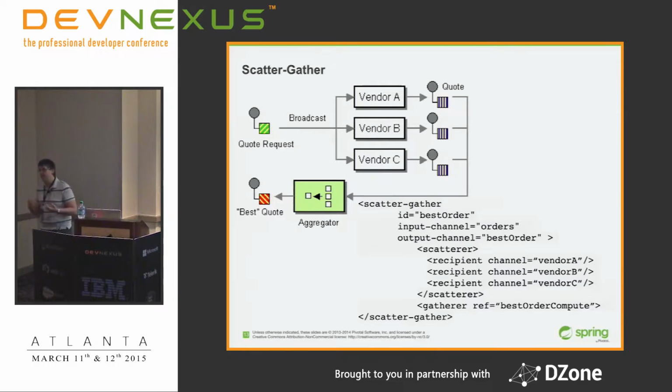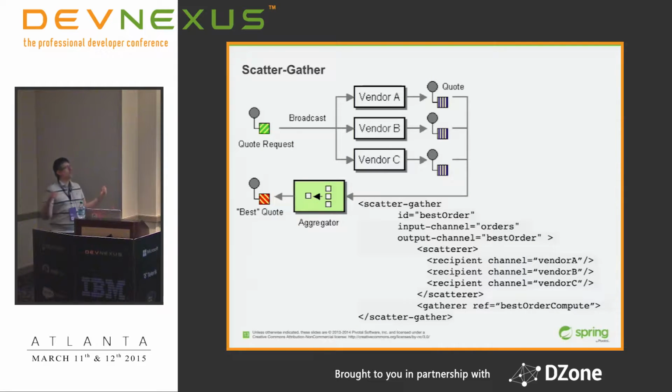It's something you could implement, right? You could have implemented this, not easily, I would say, with a publish-subscribe channel or a router and an aggregator at the end. It's just that it requires writing a lot of code.